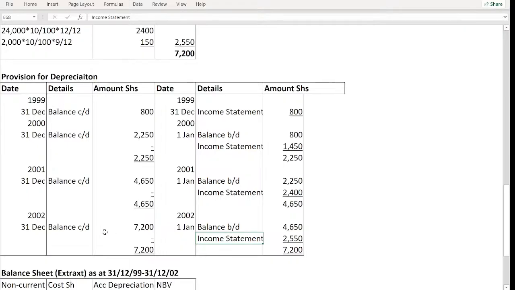So the balance carried down, adding these two, will be 7,200. So they are going to be equal. So this is the provision for depreciation. You have to show the income statements as well as the provision for depreciation. Since we were debiting the income statement, when we come to provision of depreciation, we are going to credit it.